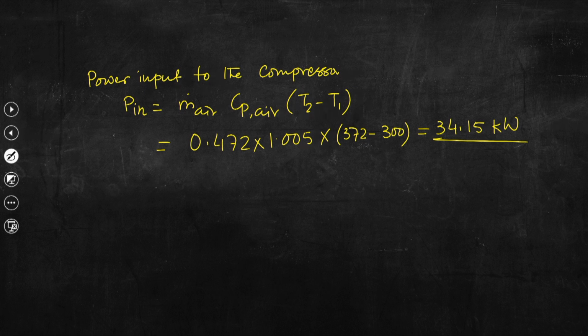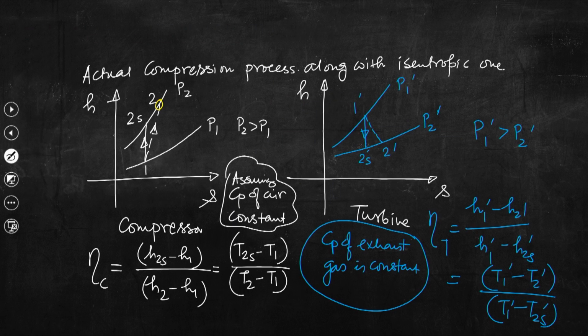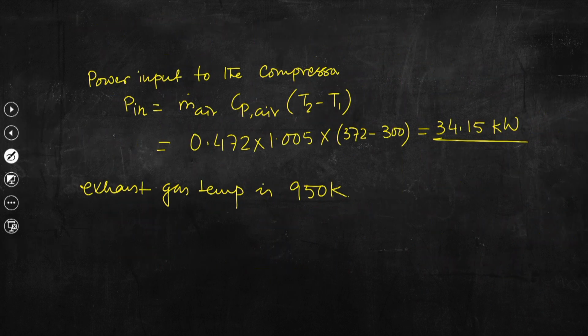And then we have to calculate the second part of the question, that is, if the exhaust gas temperature from the engine is 950 Kelvin. If we go to the previous slide, that exhaust gas temperature from the engine is 950 Kelvin, then we have to calculate the pressure at the turbine inlet. Okay.